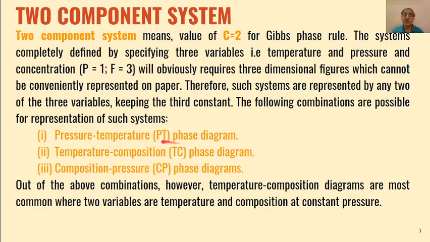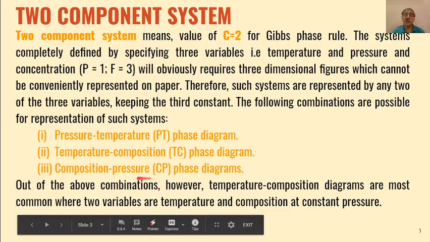The pressure-temperature phase diagram means that the two variables will be pressure and temperature, and here the concentration will be kept constant. Then the second category can be temperature and composition, and here the pressure will be kept constant.